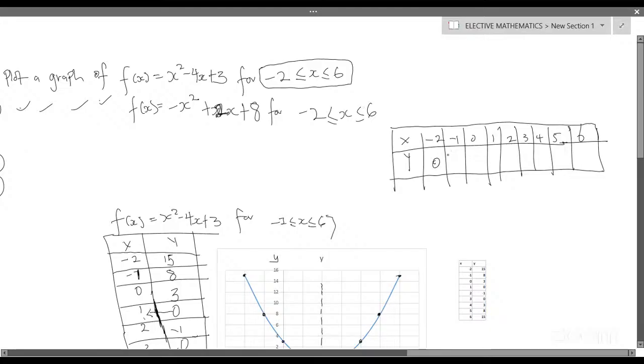When x was -1, what was y? 5. When x was 0, what was y? 8. When x was 1, what was y? 5.